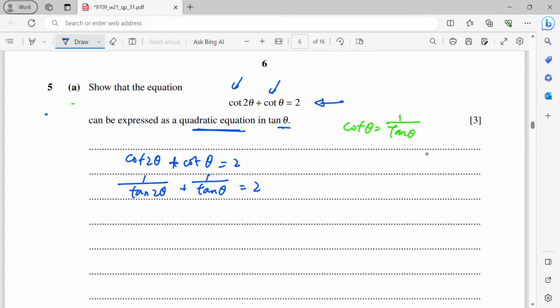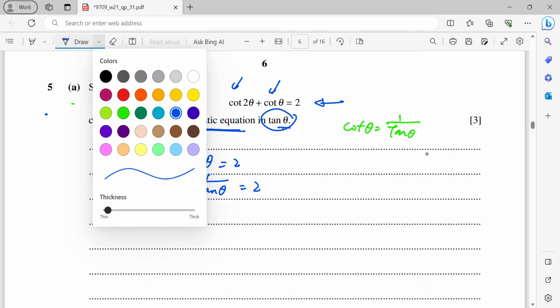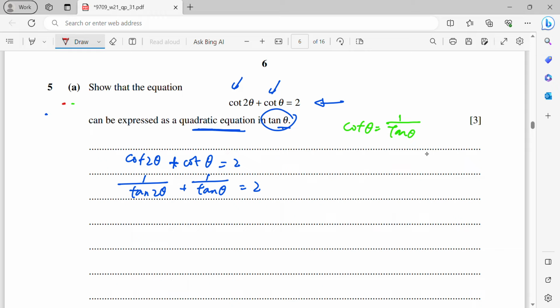And now you need to get a quadratic equation in tangent theta, means that the second term I will remain. Okay, and then now for the tangent 2 theta, we have another formula, the double angle formula. Tangent 2 theta is 2 tangent theta over 1 minus tangent squared theta.